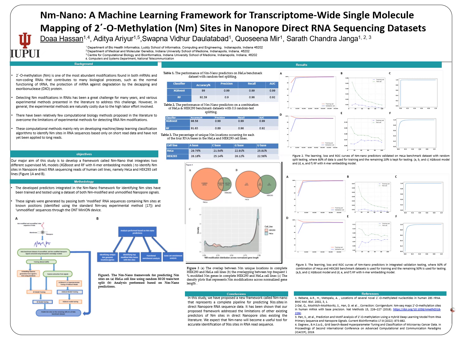We should also observe that the dataset used to train the classifier, either in the first attempt or in the second attempt, is a bunch of signals that were generated by passing both modified RNA sequences containing Nm sites at known positions, identified using the standard Nm-seq experimental method, and the unmodified sequences through the ONT MinION device of Nanopore.